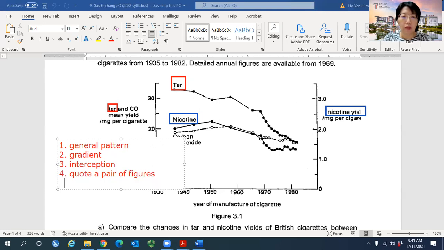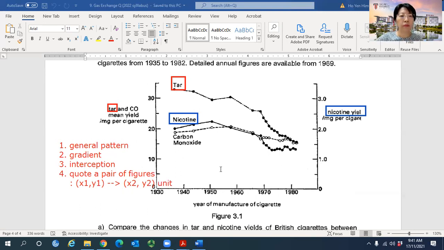A pair of figures means you need to quote from X to Y axis. It changes to this X value and Y value. So this is called a pair of figures. Okay, so this is X1. This is Y1. It changes to X2, Y2. And remember to indicate the unit. Okay, so general pattern you can see for tar is going down.